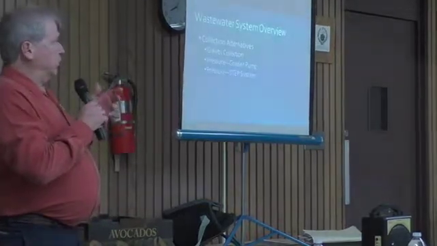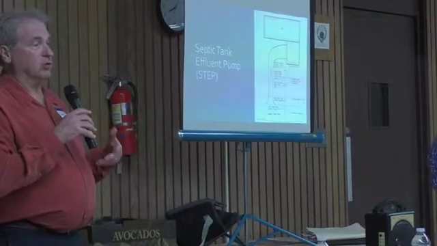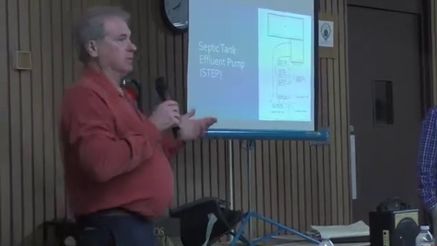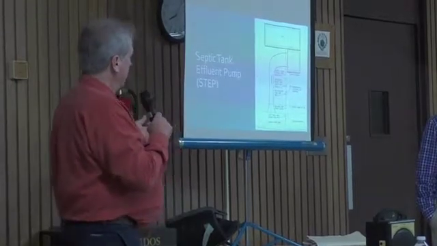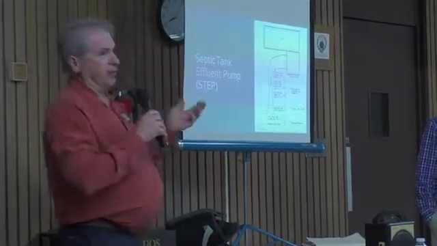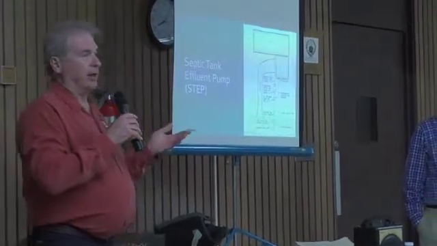So, one of the things we do in this planning is try to find the most cost-effective means to achieve the goal, and the goal here was centralized sewage treatment. So we looked at 3 different ways of collecting sewage, and one is gravity sewers.